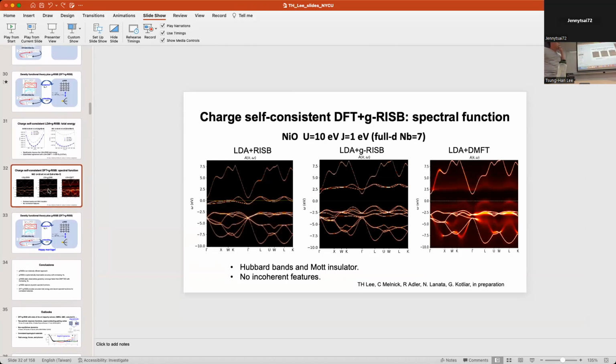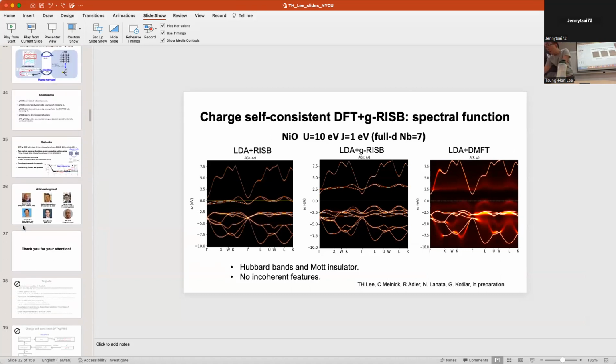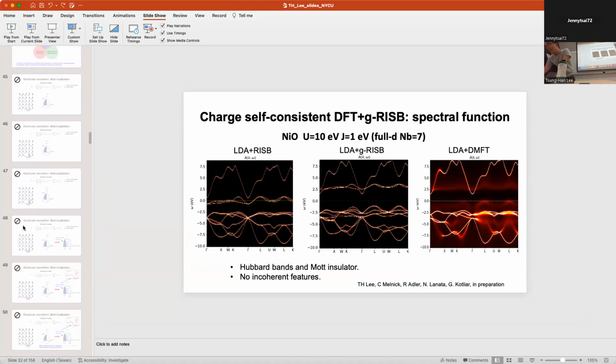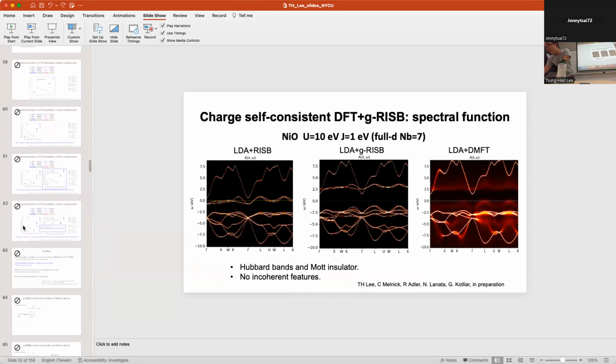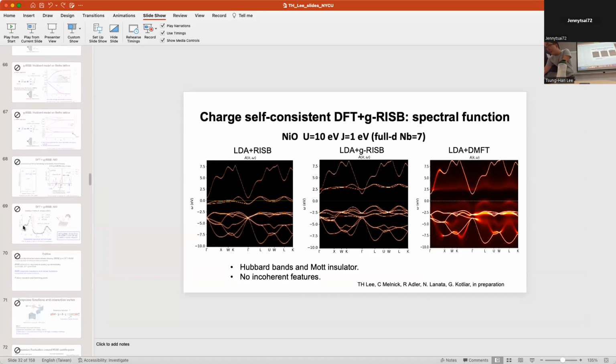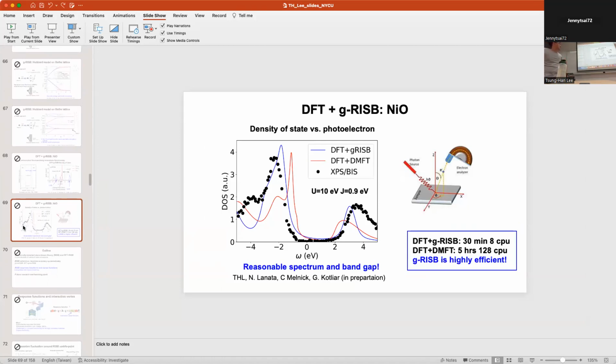For NiO, there are some XPS comparisons. They didn't get the entire band structure, but there is some comparison with the XPS.